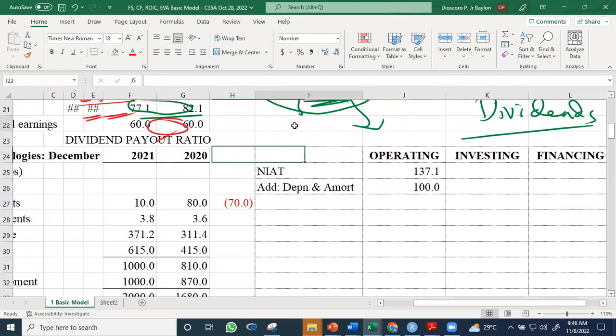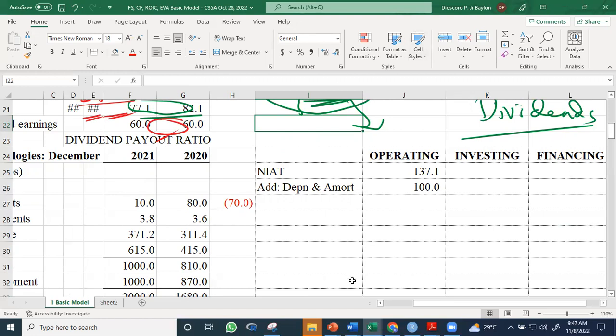Type O, I, or F, whether the change here in your accounts receivable will fall under operating, investing, or financing, and then also type O, I, or F and then comma S or U. So you type two letters. S means source, U means use of cash. Okay, so let me give you a few seconds.